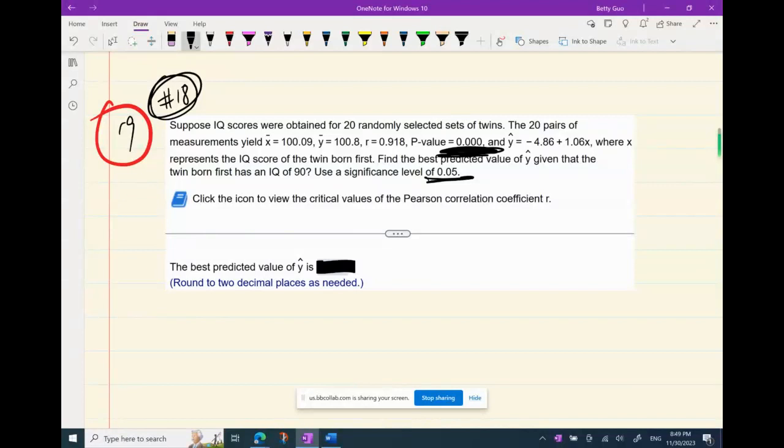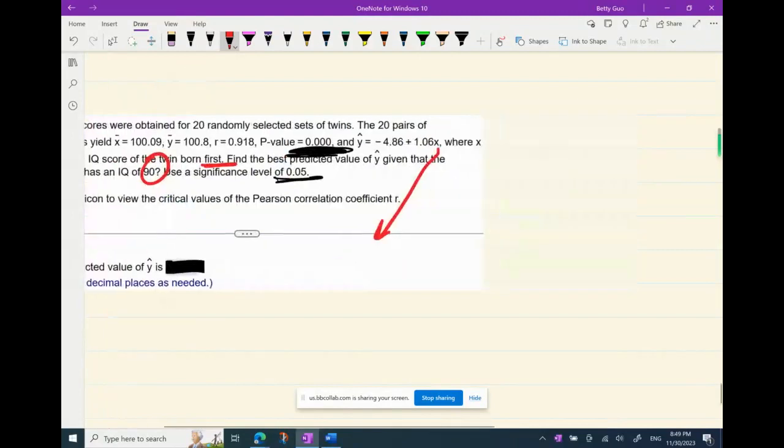So we can use the good model to predict Y just simply by plugging in the IQ score of the second. Oh, this one is the firstborn. Yeah, so it depends on the programming. The programming wants to have different versions of the same type of question. So sometimes they change this part, change that part. So this time you're going to plug in x equals 90.